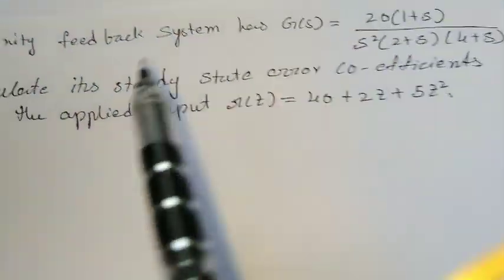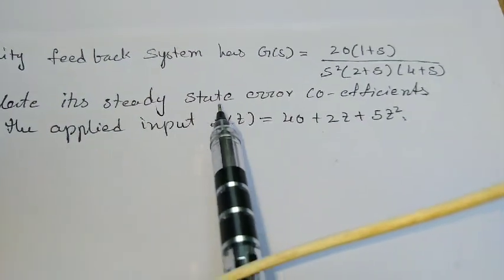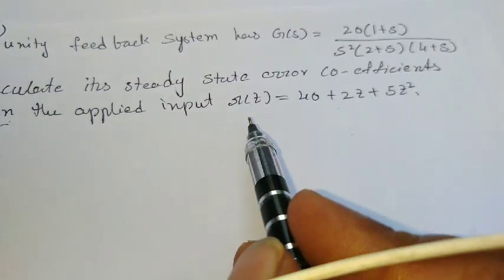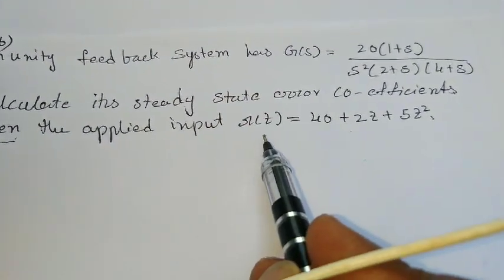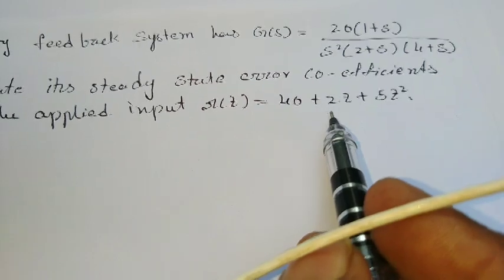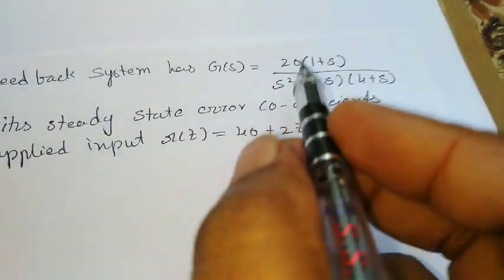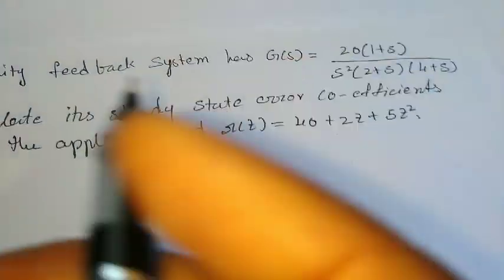This is a type 2 system. Calculate its steady state error coefficients, and also when we apply the input r(t) equals 40 plus 2t plus 5t square. This comes under type 2 system.